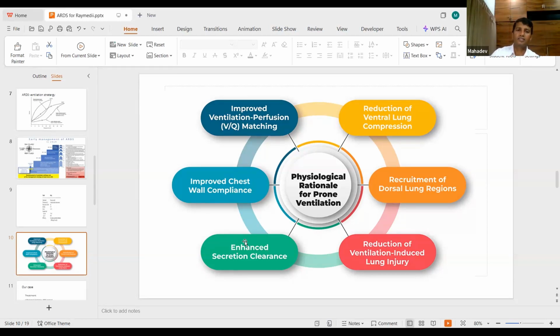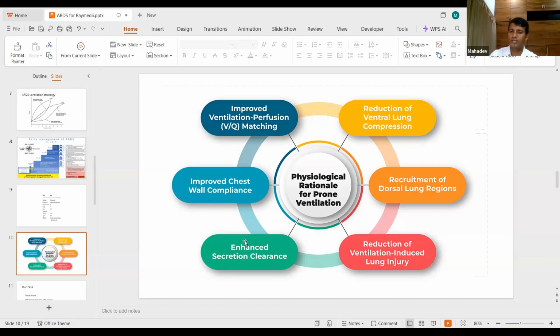So the basic concept is that because of gravitation, there will be enhanced secretion clearance, improved chest wall compliance, and improved ventilation perfusion matching. There is reduction of ventral lung compression that occurs in supine ventilation, where the lung is compressed by the weight of the mediastinum and the diaphragm's downward movement is compromised. This is now reversed, and there will be recruitment of those lung regions.